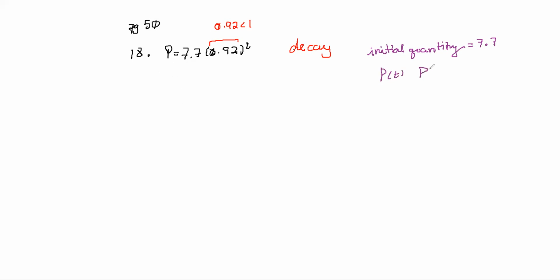And what we're going to find is p of 0, or what is the population when the time is equal to 0. And that's going to be our initial quantity. Sorry, I tend to think of these as population when it's p and t, because it just kind of fits. And populations also often follow these exponential equations. So p of 0, when t is equal to 0, what is p? That is going to be 7.7 times any number to the 0 power is going to be 1. 7.7 times 1, so that's going to be 7.7.